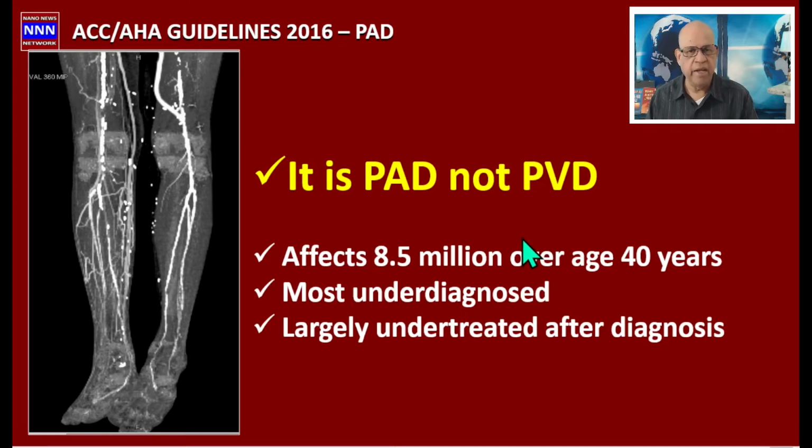And this has to do with the education of the public, and more importantly, education of the clinicians, the nurses, the primary care doctors, and even cardiologists in recognizing peripheral arterial disease symptoms. Early recognition and aggressive risk factor modification would make a big difference, but somehow we are missing that particular aspect.